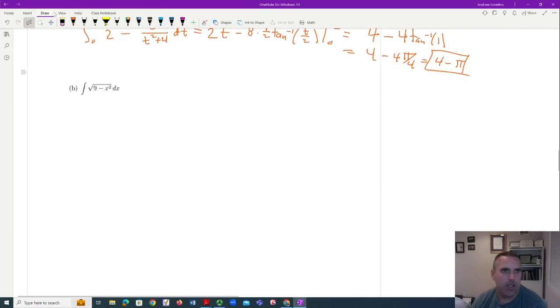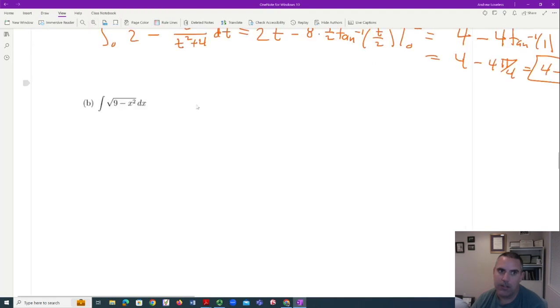Okay, so then we have yet another trig sub. This one doesn't have completing the square, but it has some different challenges. This one is a very important classical example that I spent quite a bit of time on. It's one where you get sine, and when you substitute in, you get this.